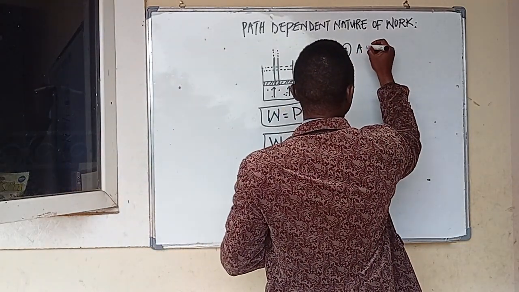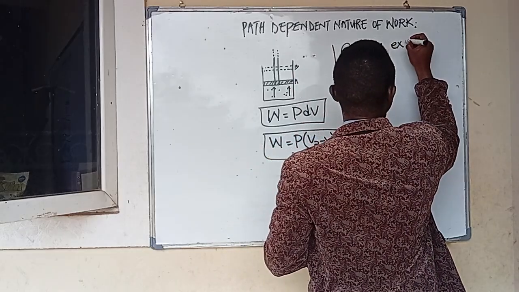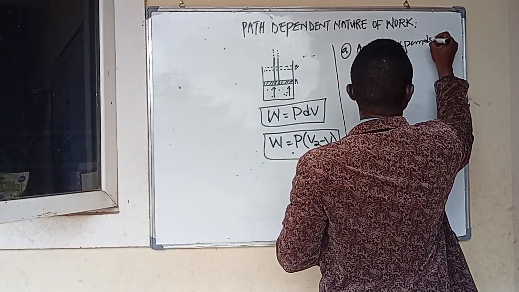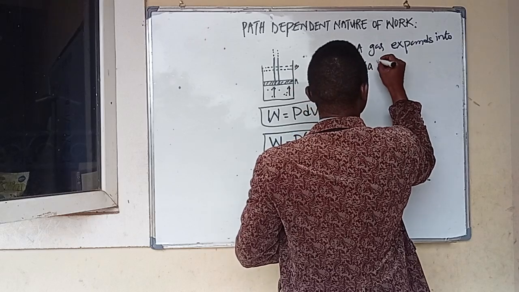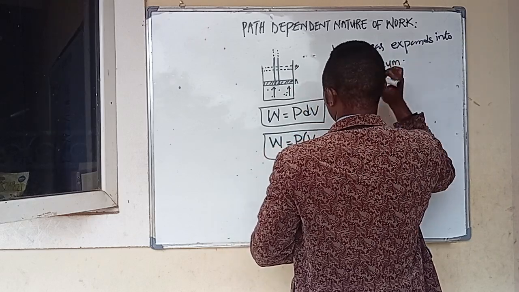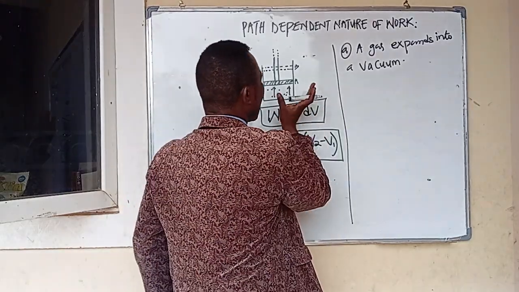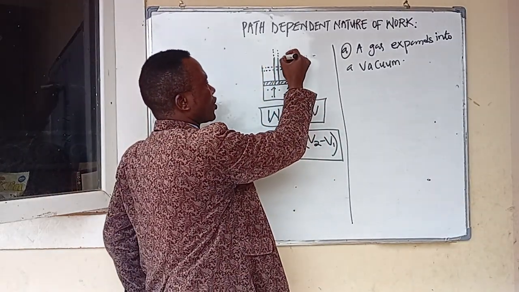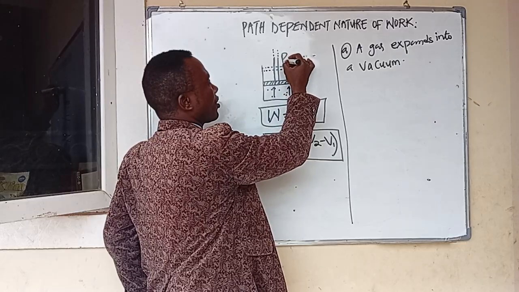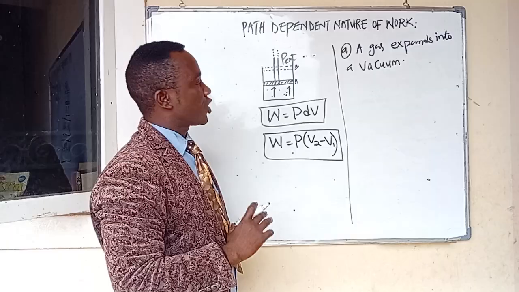So if a gas expands into a vacuum, what will be the formula for work done? Now, since the gas is expanding, the pressure that we are considering will be the exterior pressure.